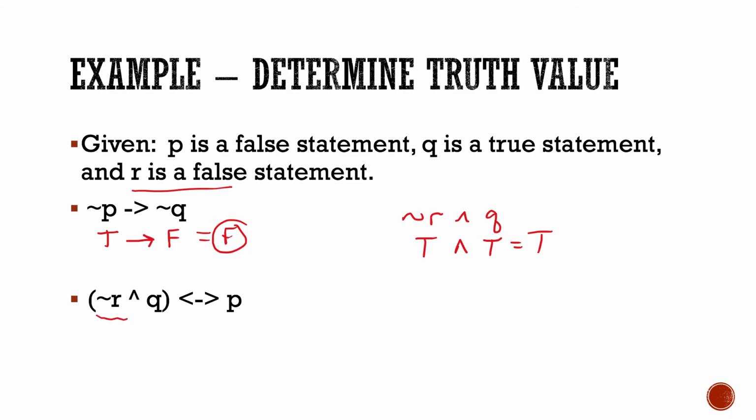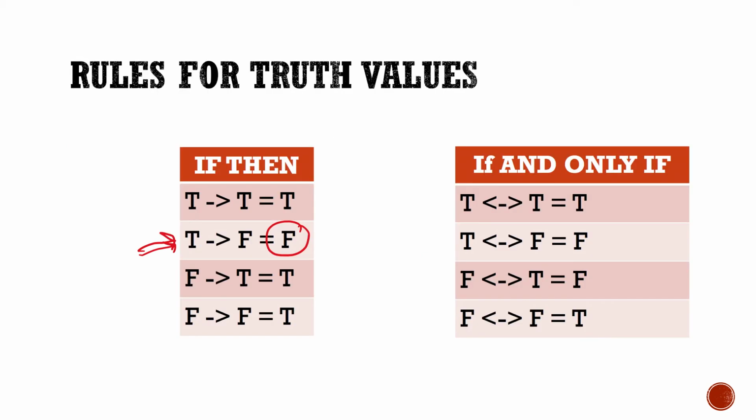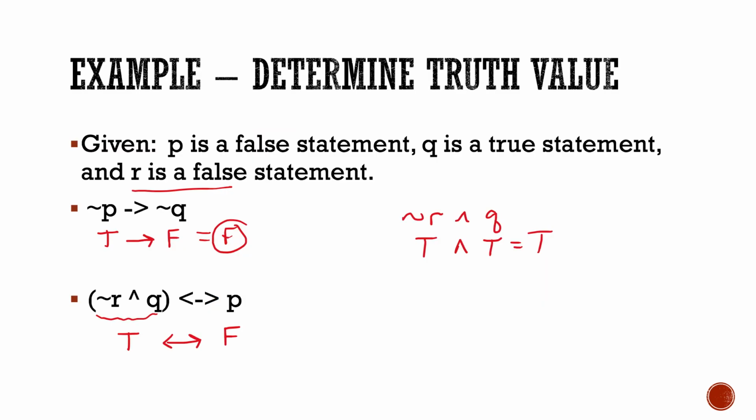So I now know that the parenthesis is true. I have my double arrow, and I have a false for the P. So now we're looking at an if and only if statement that starts with true and ends with false. That has a false result. And so our answer to this one will be false.